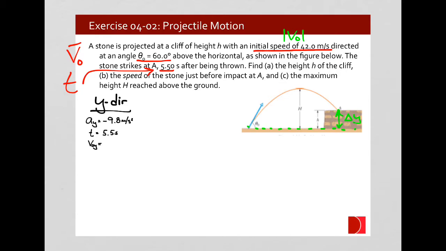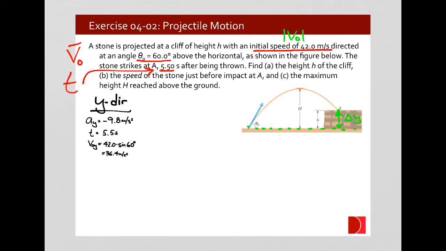And so the y component is going to be the magnitude, which is 42 meters per second, times the sine of the angle at which it's thrown, which in this case makes it 36.4 meters per second.